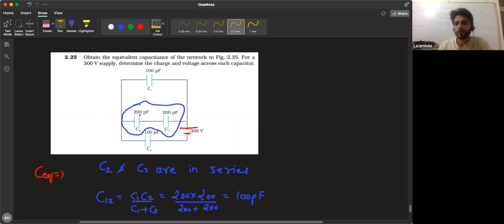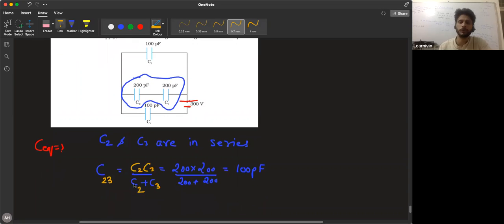Next, what we can do is remove C2 and C3, sorry, C23 now. This is C23, which is C2 C3 divided by C2 plus C3, that is 100 picofarad.